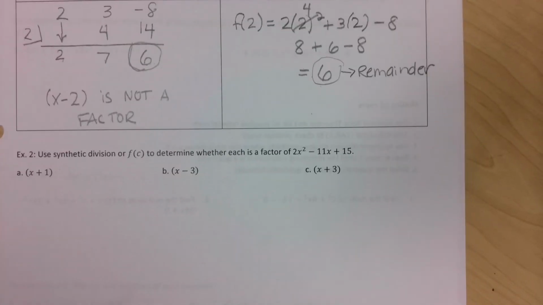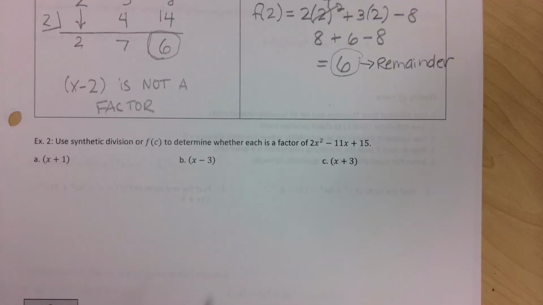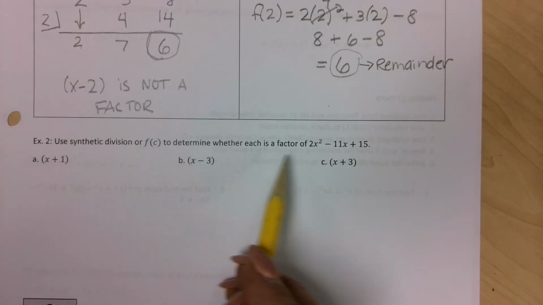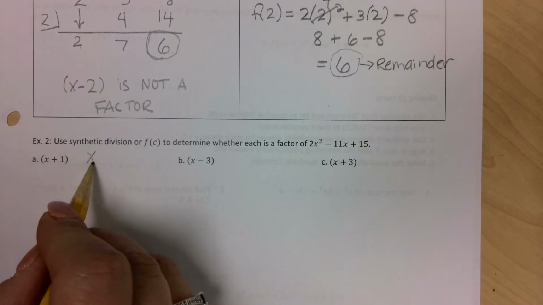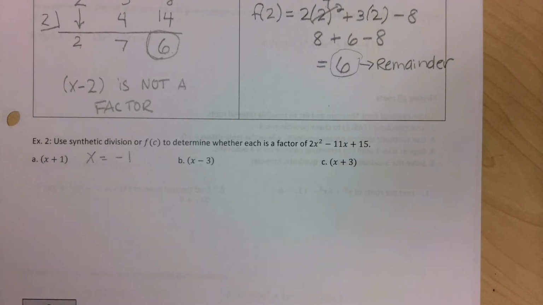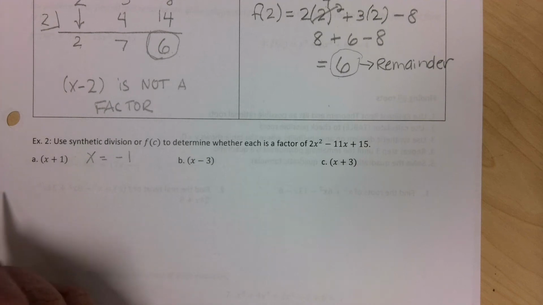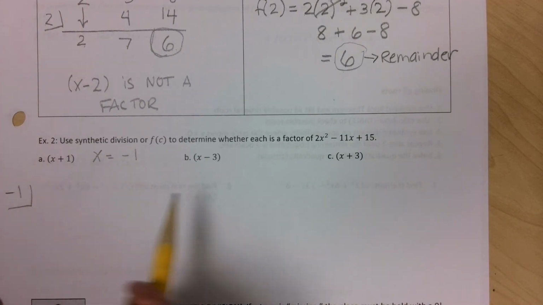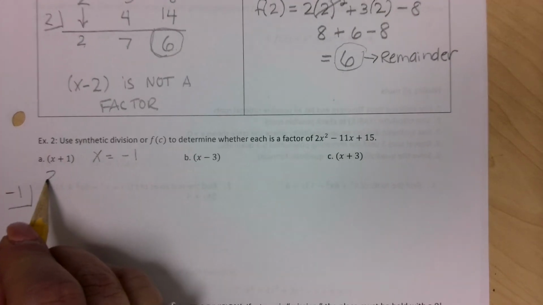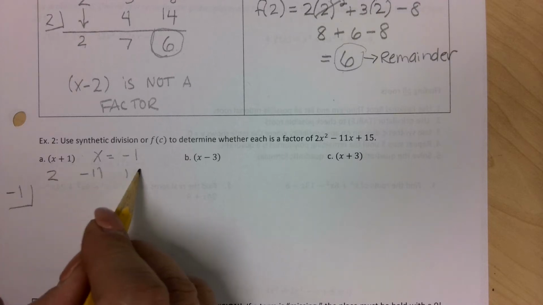So let's try a few of these and use synthetic division to determine whether it's a factor. In this case, x would have to be equal to -1. Let's use synthetic division again. -1 goes in the box, and then we put in the coefficients across the top.